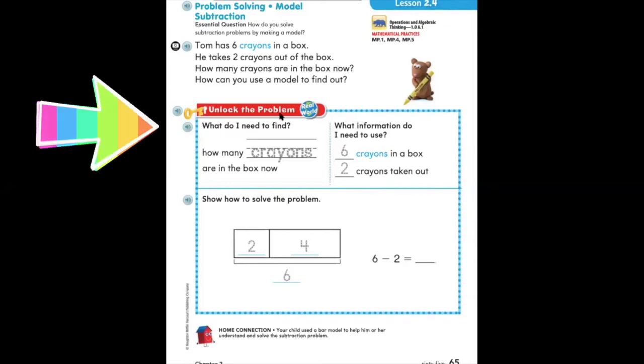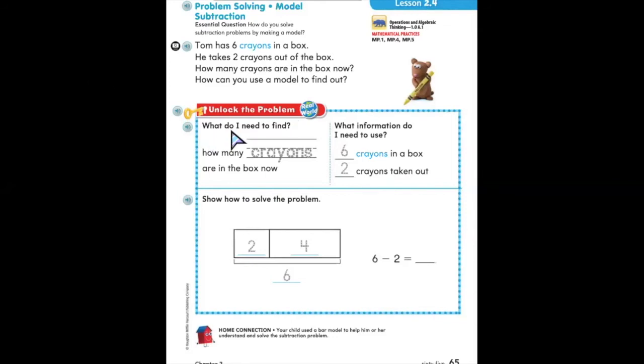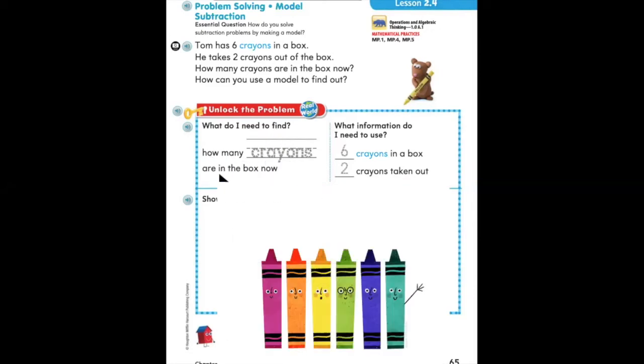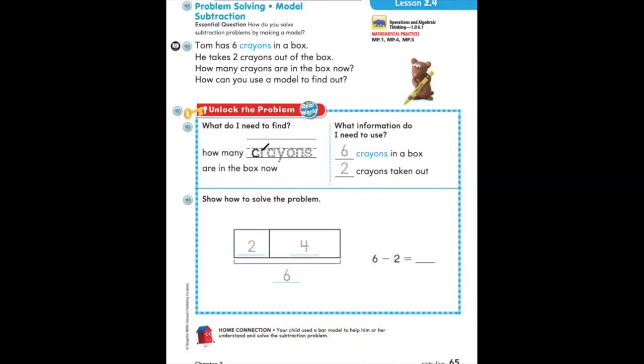Let's unlock the problem. What do I need to find? We need to find how many crayons are in the box now. Let's trace the word crayons. Next, let's answer this question.